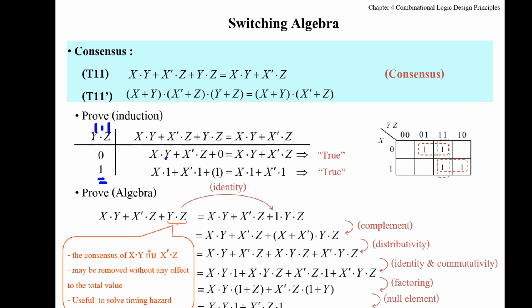So I substitute y with 1, z with 1, and you get the same expression. For this side, 1 plus anything is 1, and for this side, x plus x prime is 1. So it's true, and you can conclude that this statement is true.